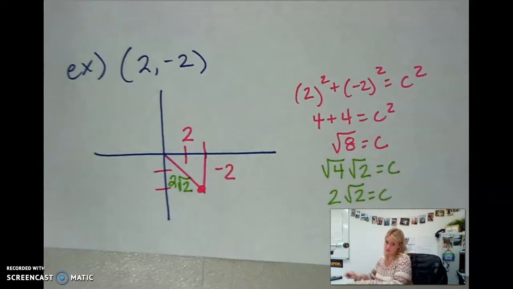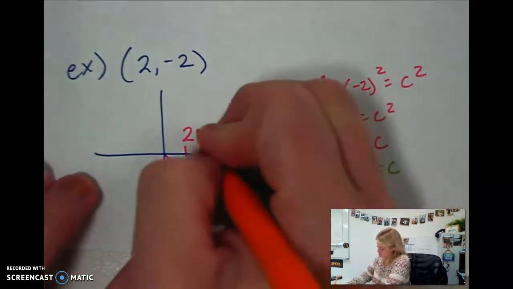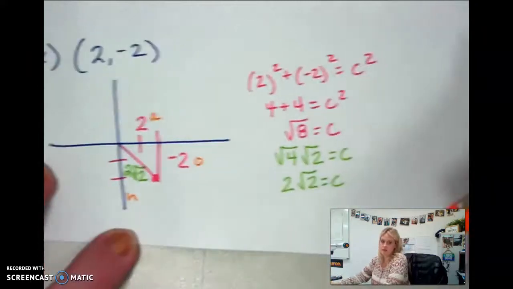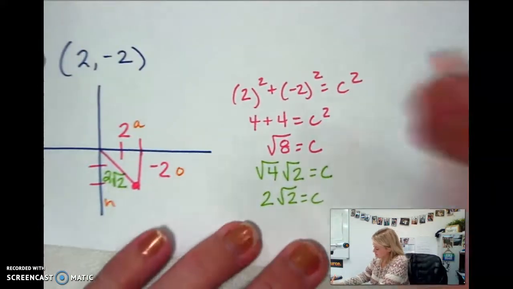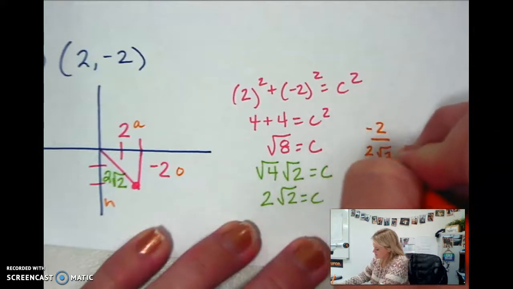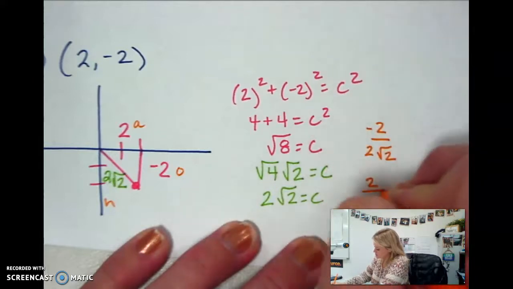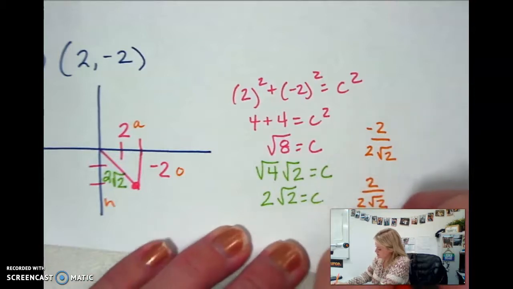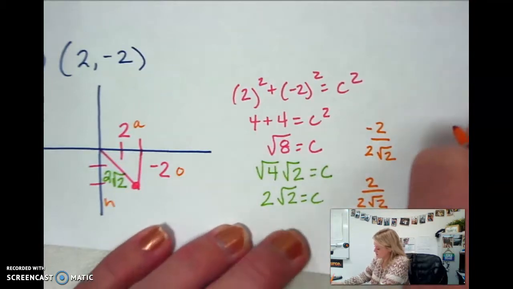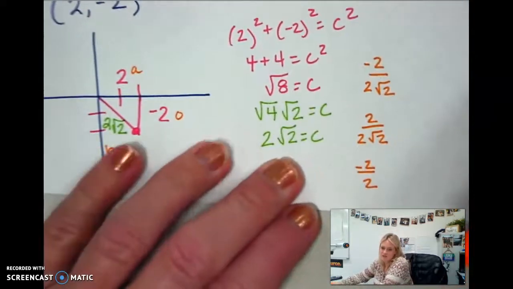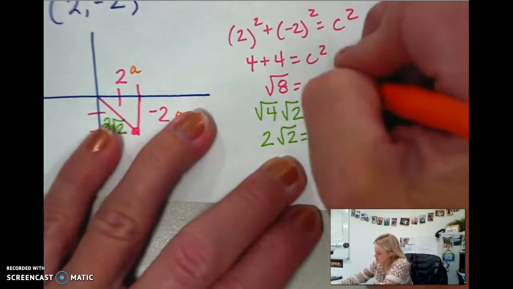So now when I find my trig functions, this is my adjacent, opposite, and hypotenuse. Sine is going to be opposite over hypotenuse. Cosine is adjacent over hypotenuse. Tangent is opposite over adjacent. What are we finding here? We're going to have to do some rationalizing.